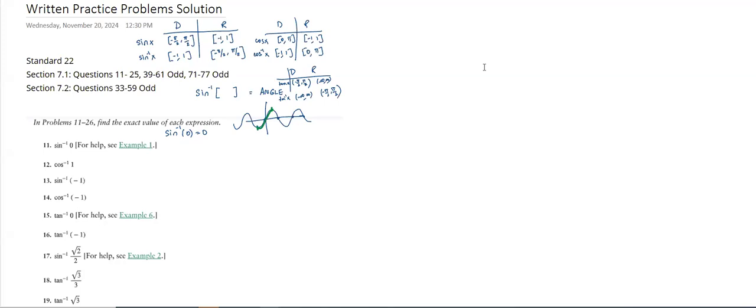Now, cosine inverse of 1. Basically, think about it this way. How are you going to answer this question?